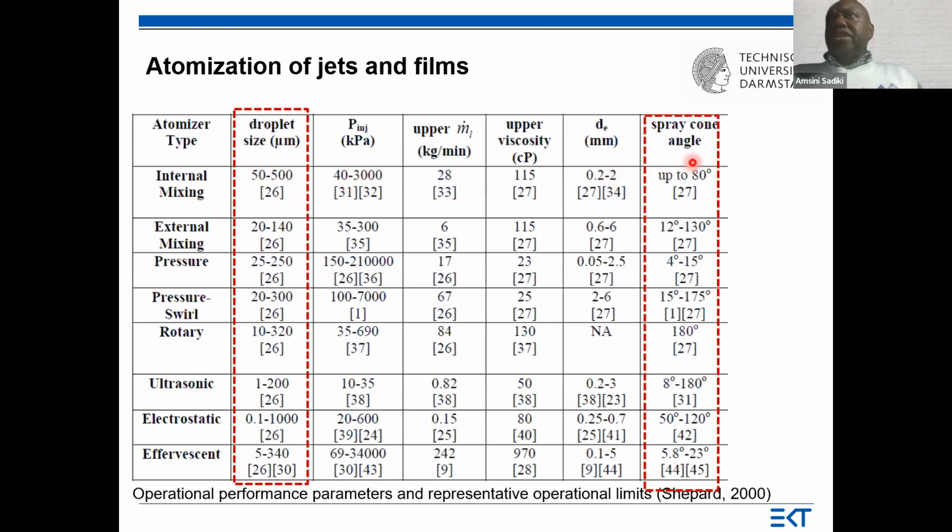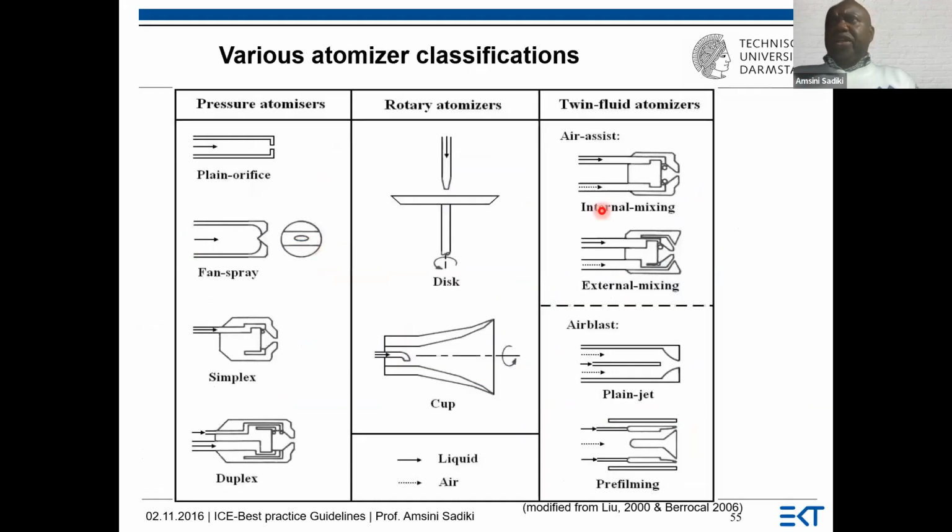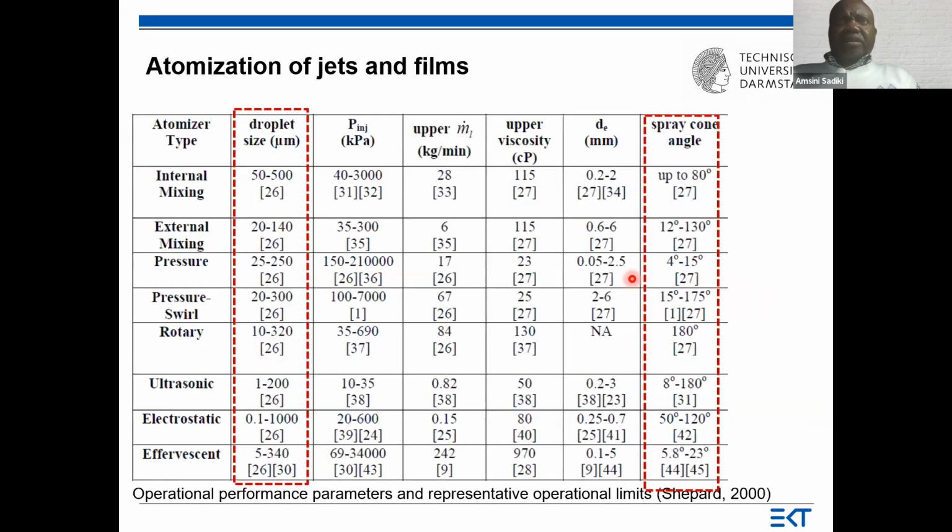And also we see the spray cone. We can also produce up to 80 degrees. The external mixing atomizer, so you see here the internal mixing and external mixing. These produce this kind of droplet size and may produce also this kind of spray cone angle.